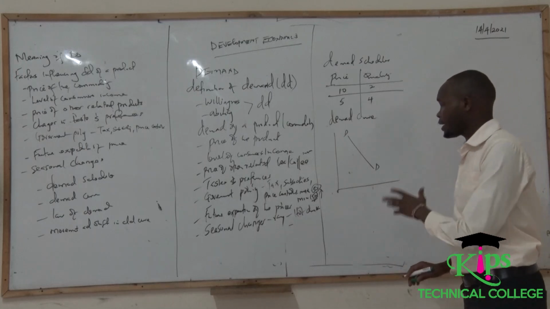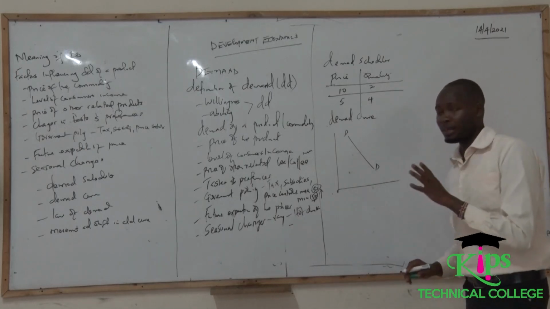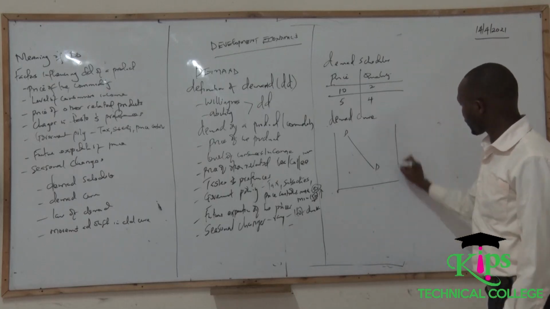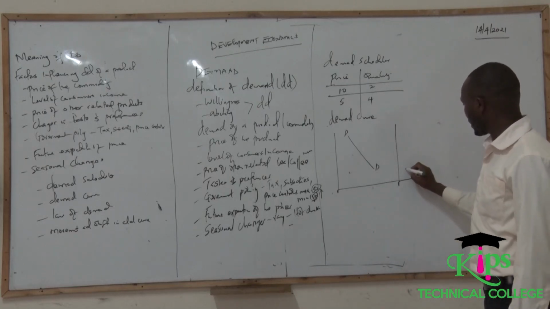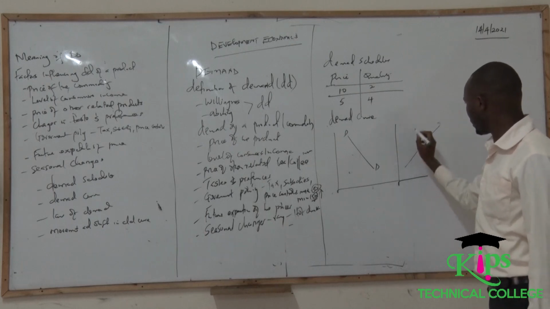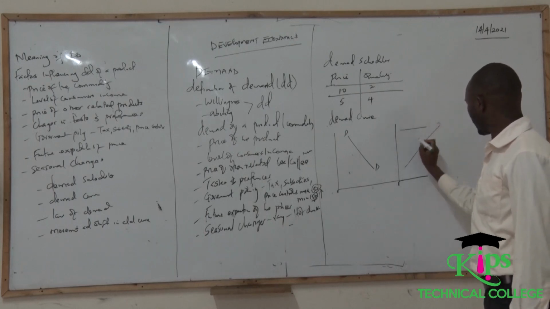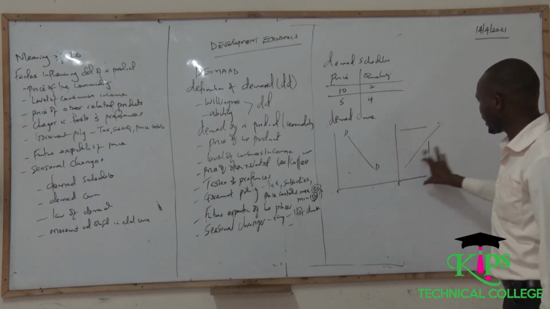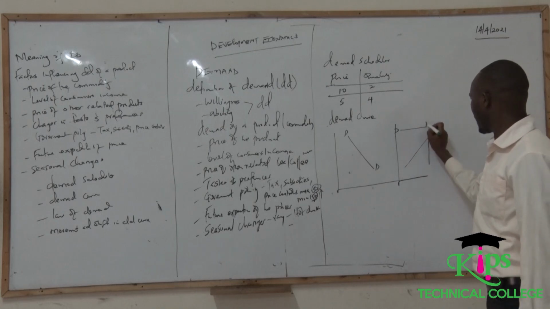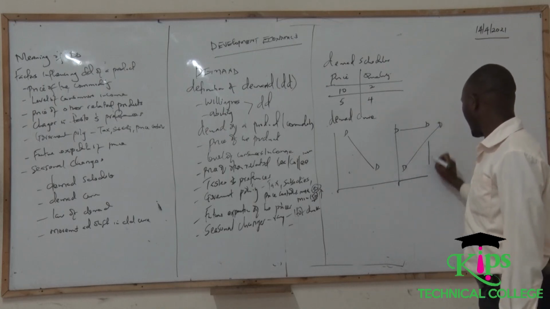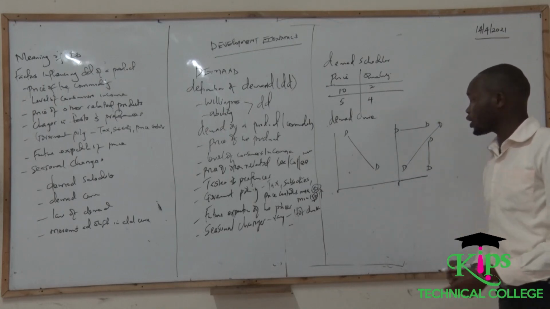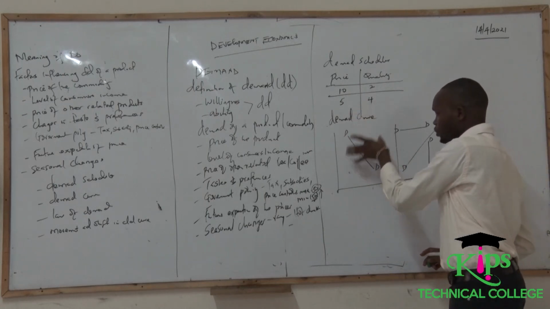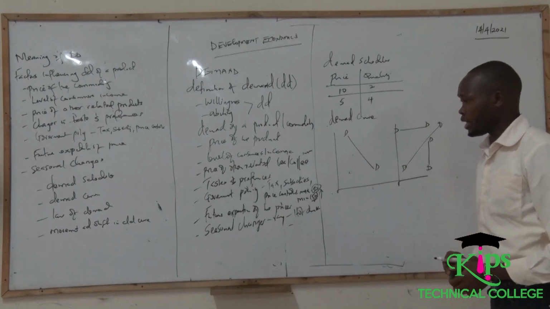Unless, under abnormal circumstances, we can have the demand curve of a product behaving this way, or this way, or this way. These are the exceptional cases of the demand curve of a product. Under the law of demand, this is how the demand curve should always behave.